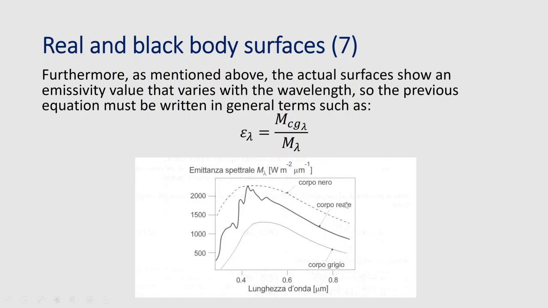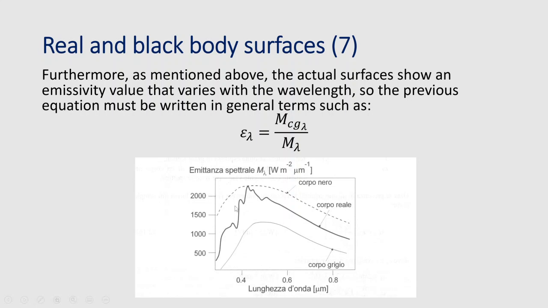But you see that if I calculate the integral of these different curves, that is the area under all these different curves, the total quantity that the black body is emitting in comparison with a gray body is bigger, of course. So that means that the black body is emitting more energy wavelength by wavelength, but also over a range of wavelengths.